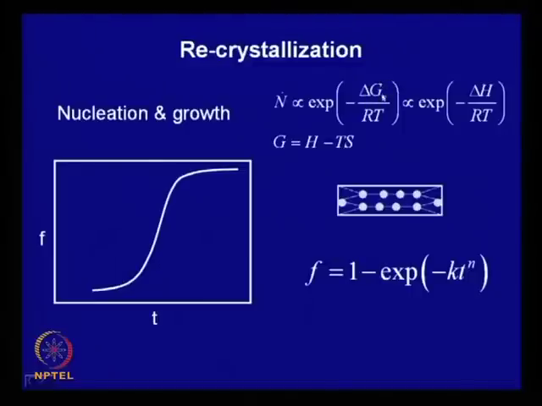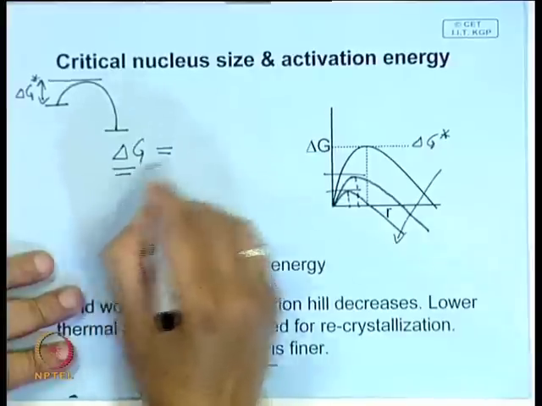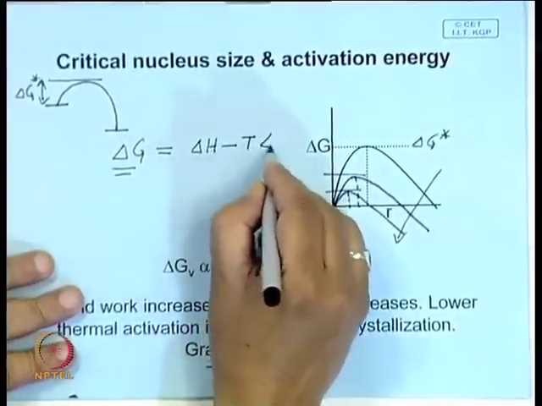If this activation hill is low, the nucleation rate will be very high, that means faster nucleation. Higher cold work means a higher nucleation rate, and this is the activation energy. When you look at this delta G, any free energy has two components, the enthalpy part and the entropy part.